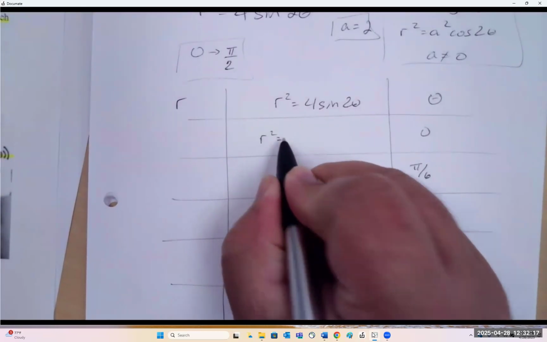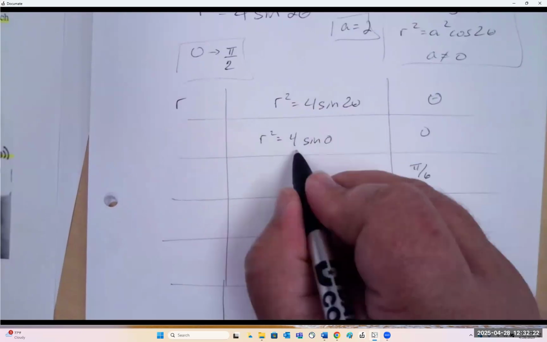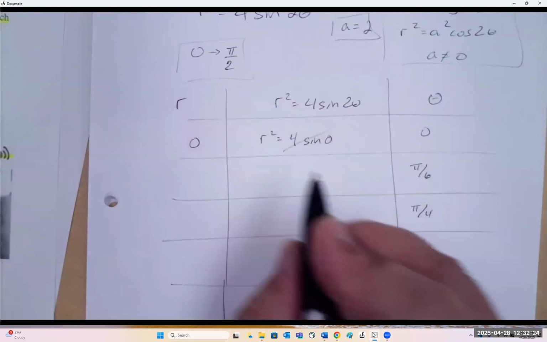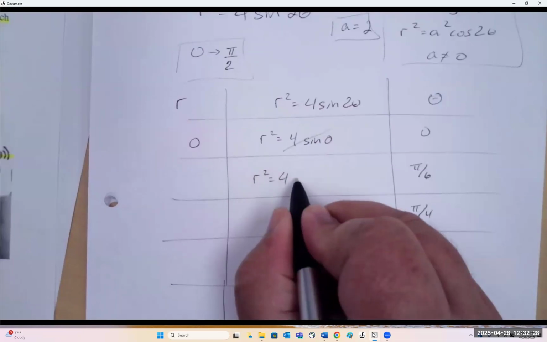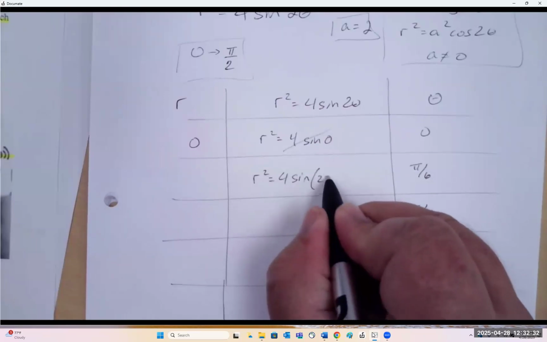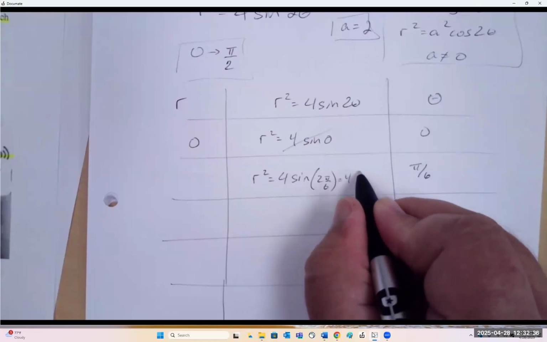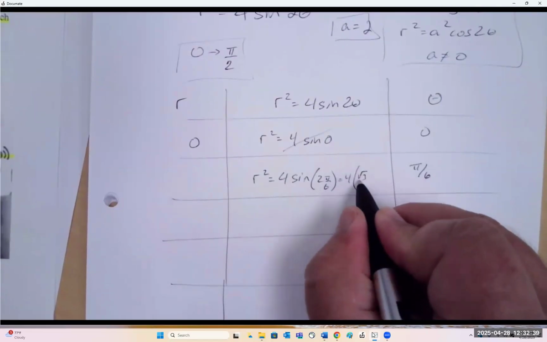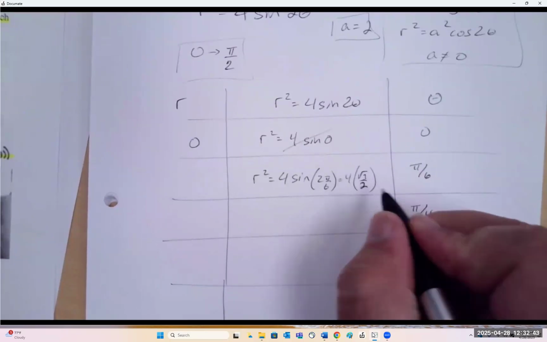R squared equals 4 times sine of 0. Sine of 0 is 0, so 0. Pi over 6: r squared equals 4 sine 2 pi over 6, pi over 3, so it's sine radical 3 over 2.